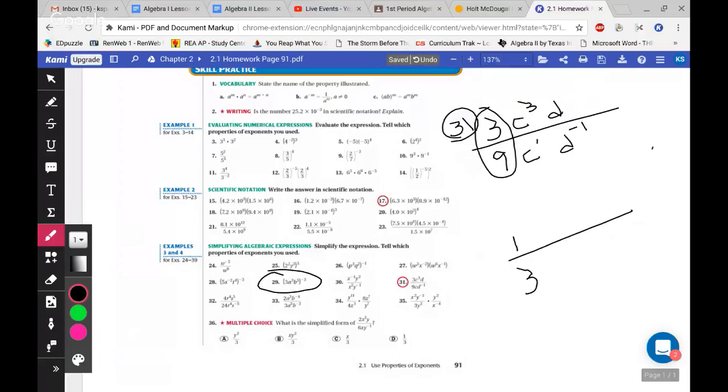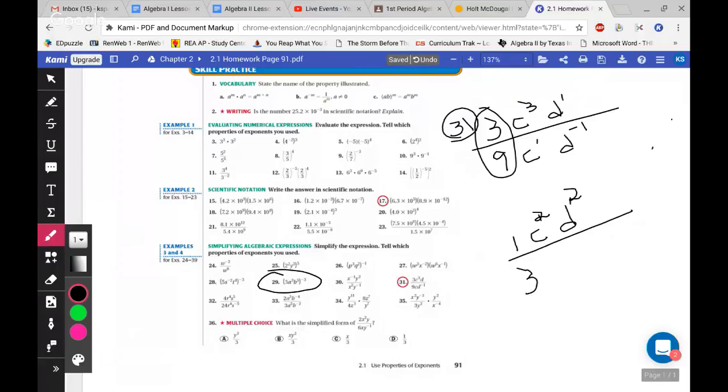So you've got 3 minus 1, which is a positive 2. So that stays on top. And then you've got here the understood 1, which is 1 minus minus 1. Crazy, huh? So that's a positive 2. So that goes on top.